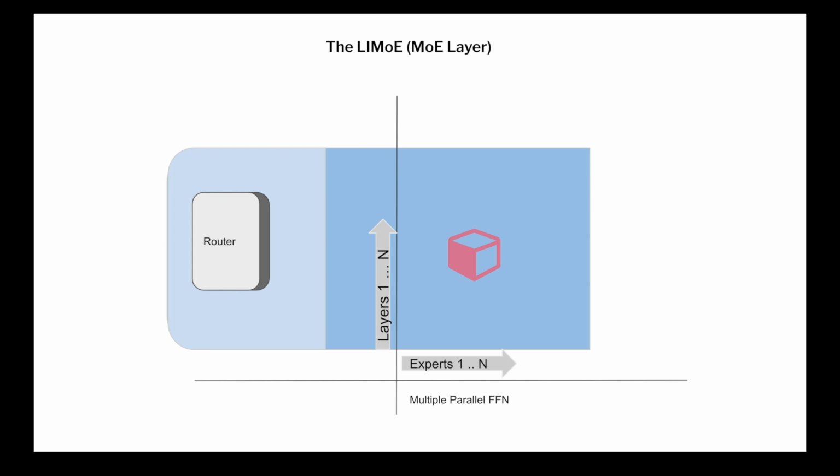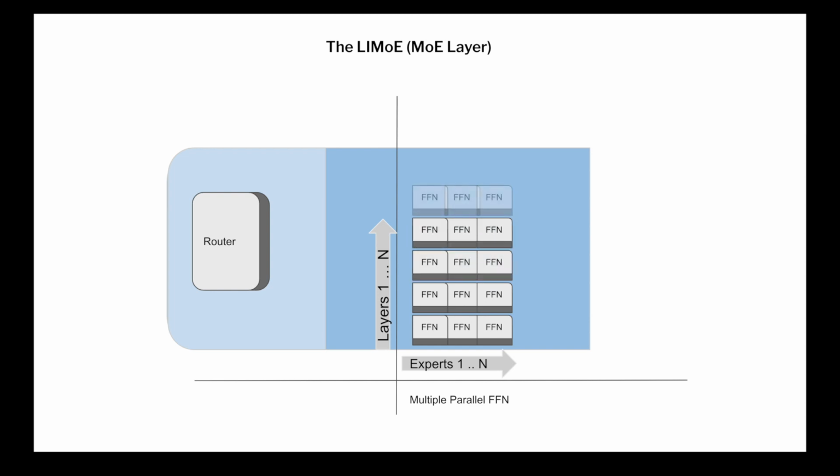It means there are layers 1 to n and there are experts 1 to n. If the layer 1 is created, one or more FFN or the feed-forward networks are added. Similar to layer 1, the layer 2 is created, and slowly all the n layers are created.